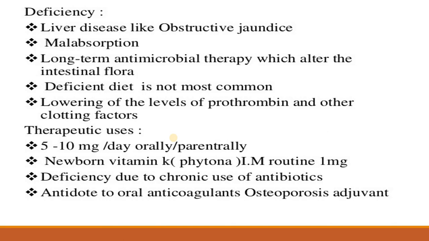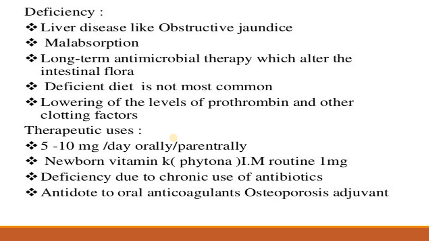Next, deficiency. Causes are liver disease like obstructive jaundice, malabsorption, and long-term antimicrobial therapy which alters the intestinal flora. Dietary deficiency is not most common. It lowers prothrombin and other clotting factors in the liver.